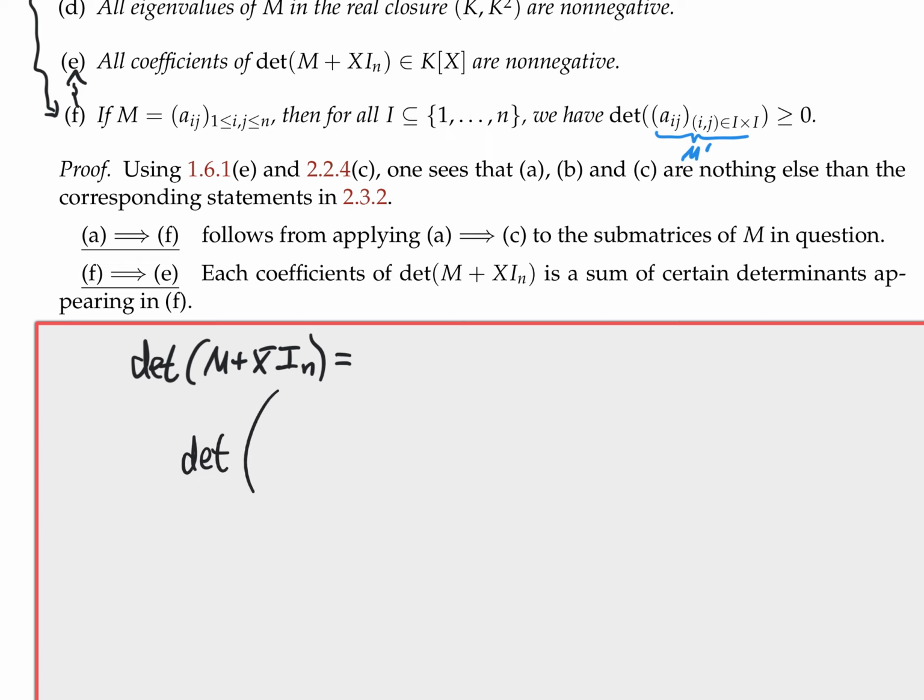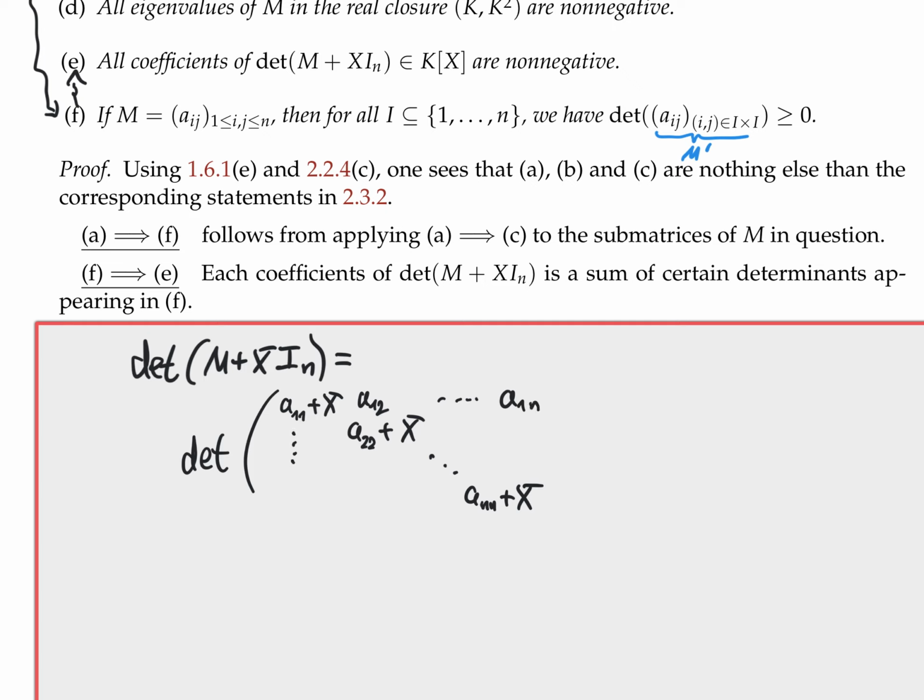So what is the determinant? It's the determinant of A11 plus x, A22 plus x, and so on up to ANN plus x. And here we have A12, A13, and so on up to A1n.